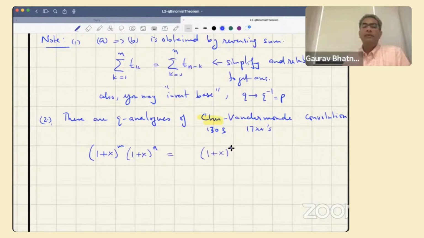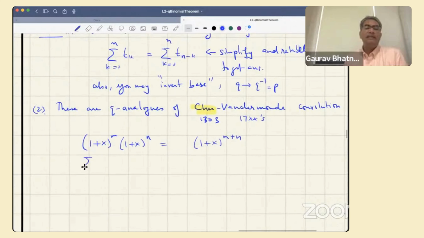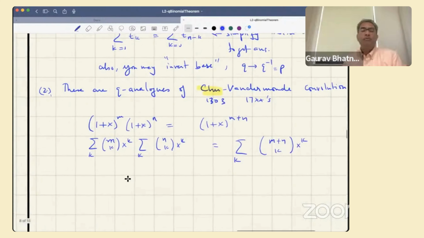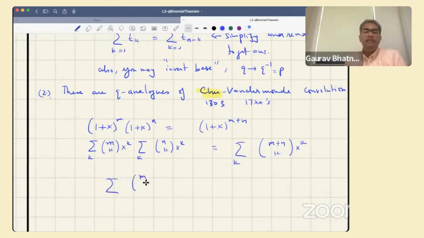So this is the binomial theorem, and if you write this as a summation n choose k, x to the k, and this one as m choose k, x to the k, both on k, and this one you will write as m plus n choose k, x to the k. And if you compare coefficients, then this will be n choose l, m choose k minus l.